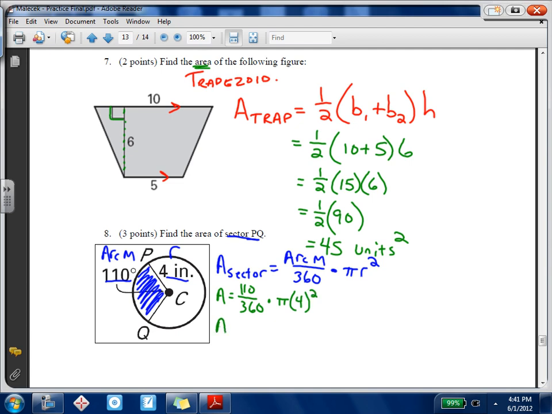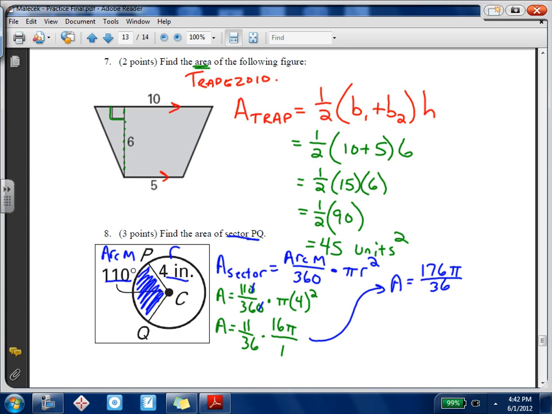So the area is equal to, we can chop off the zeros because they both end in 0. Divide by 10. We get 11 over 36 times 4 squared, which is 16. Move it to the front, we get 16 pi. Throw that 16 pi over a 1 so we can multiply these two numbers together. There is no equal sign in the middle, so we just have to multiply these fractions across. So the area is equal to 11 times 16 pi, which is 176 pi, over 36.